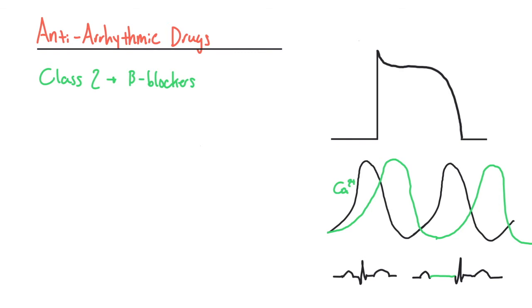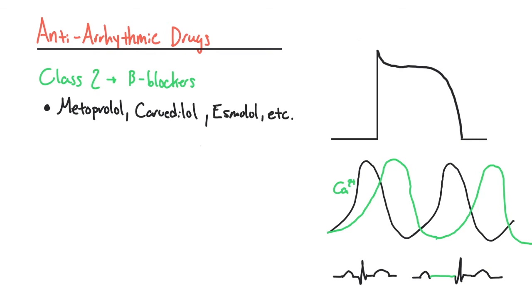While we will not talk about every single agent in this class, some select class 2 agents here are metoprolol, carvedilol, esmolol, etc. Now, as you've reviewed in your other cardiovascular modules, one of the main side effects we do want to watch out for with these beta blockers is when somebody is first standing up rapidly, it can cause orthostatic hypotension.